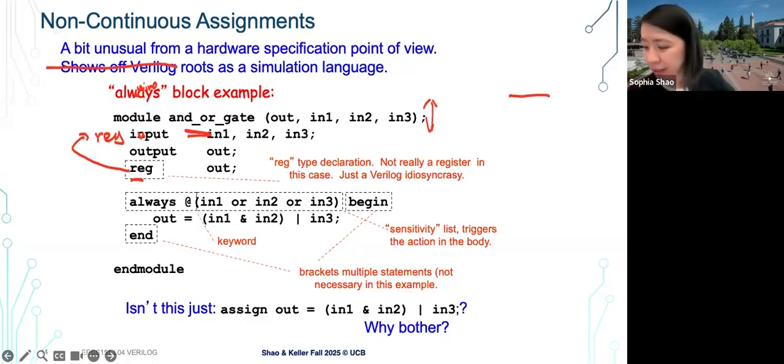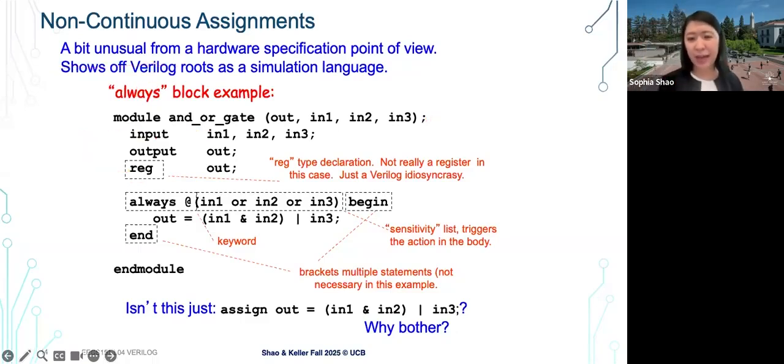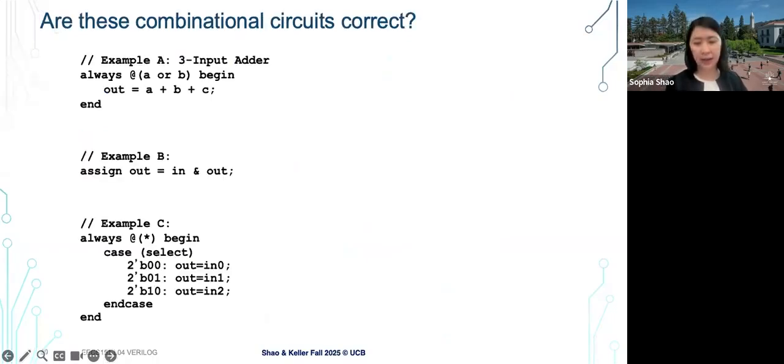So maybe related to that, I think things have been a little bit abstract talking about the semantics. Let's take a look at some examples. So here we have three combinational circuits using different ways of designing different components. One is, I guess, a three input adder with A and B and C to output.